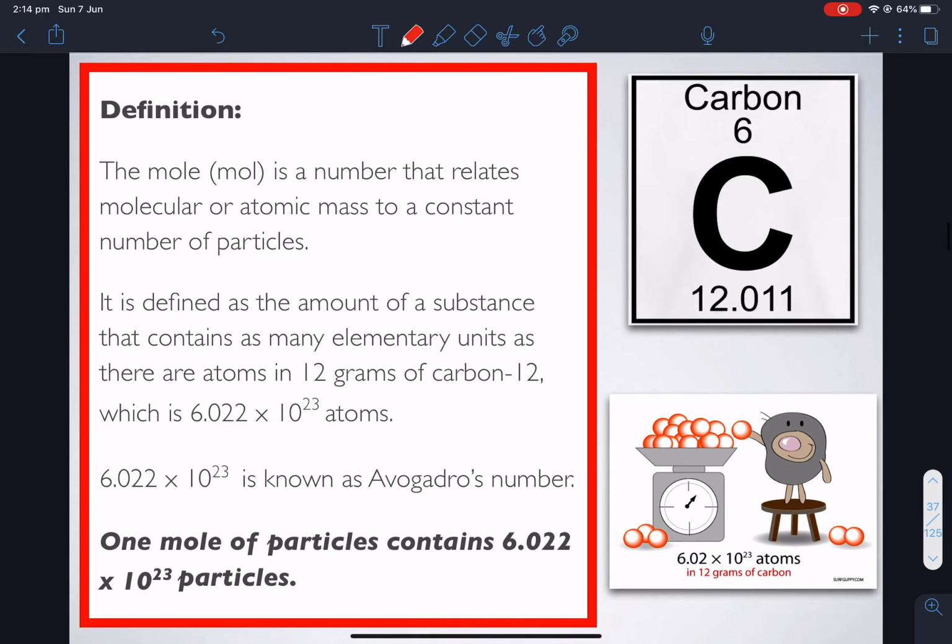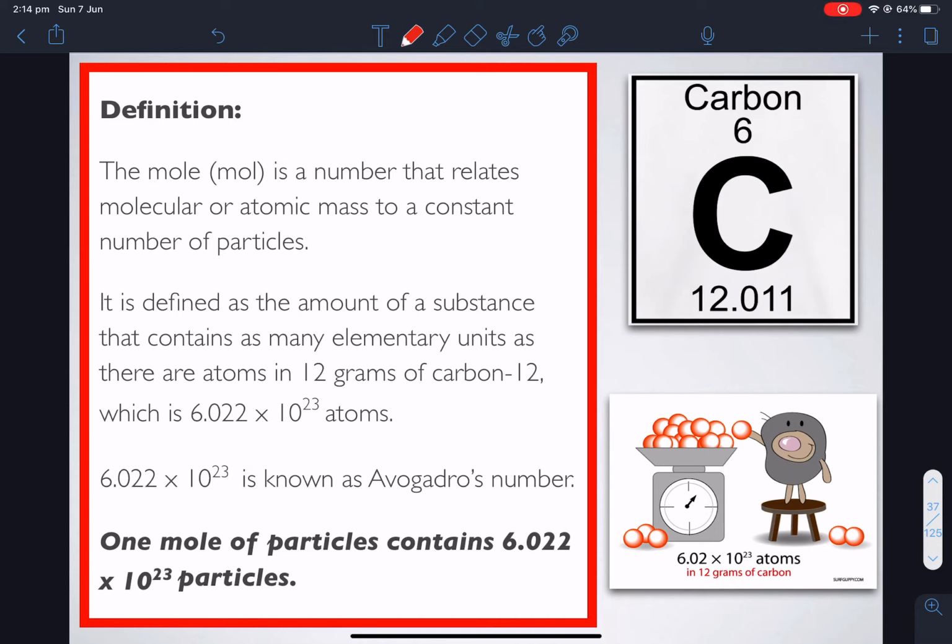Okay, so here, important definition. The mole is sometimes abbreviated like meters, with the little m, but we can't just use the little m, it's taken by meters, the length unit. So it's mol usually when we abbreviate it. The mole is a number that relates the molecular or atomic mass to a constant number of particles.